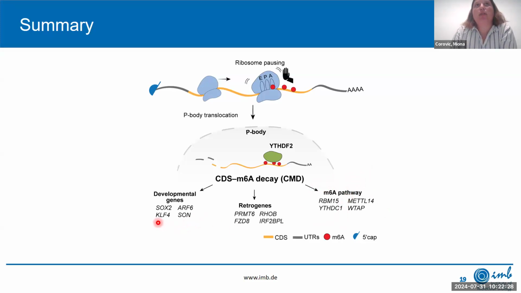Also, there were a lot of developmental genes such as SOX2 or KLF4. And as well, one interesting group that we observed were retrogenes that evolved through retrotransposition of their already spliced parental transcripts. And therefore, for the cell, it's really important to keep them silenced, which means that maybe even this pathway can safeguard the transcriptome somehow.